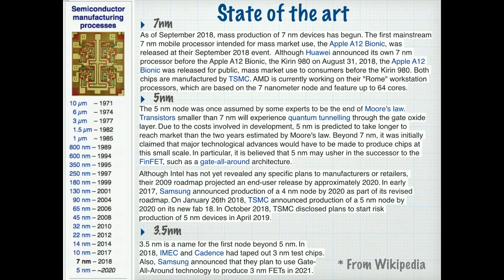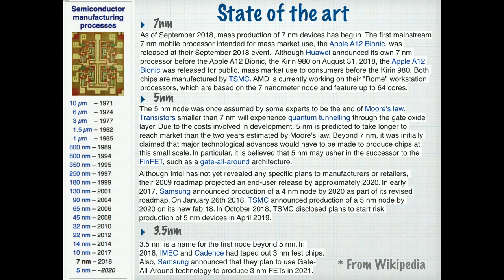Okay, and I think I mentioned this the first week. The state of the art these days for production is around 7 nanometer processes. That again corresponds to the smallest resolvable feature size. 5 nanometer looks like it may be coming up. I don't know of any production devices yet. And there's some experimentation with 3.5 nanometer.